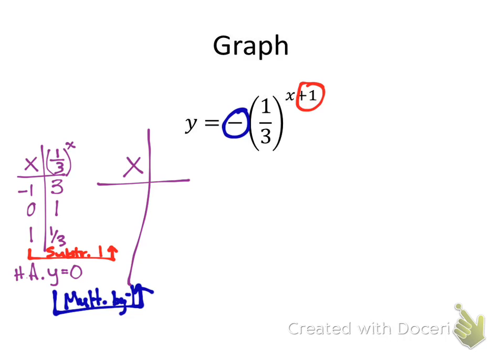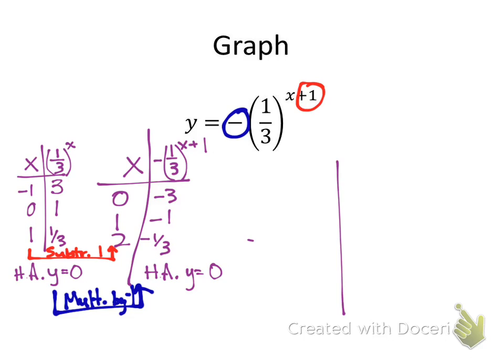So all the inputs are going to add 1. So -1 plus 1, we're at 0. All the outputs, and including this horizontal asymptote, we're going to multiply by -1. So the horizontal asymptote, well, 0 times -1 is 0.